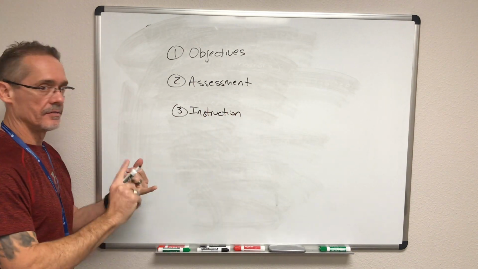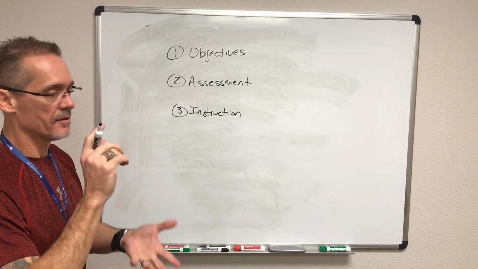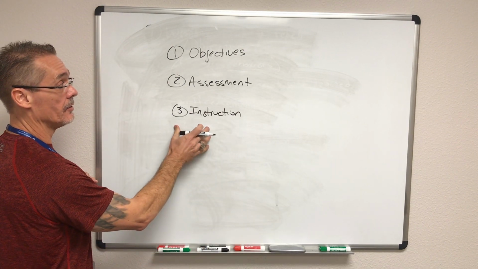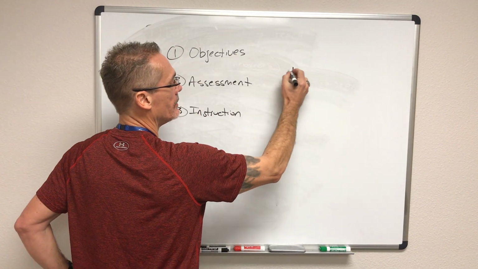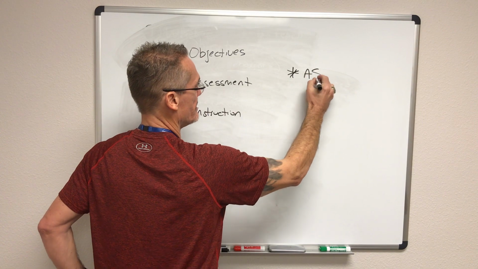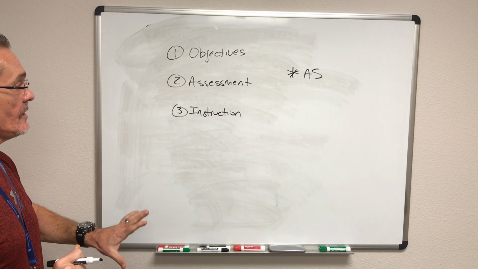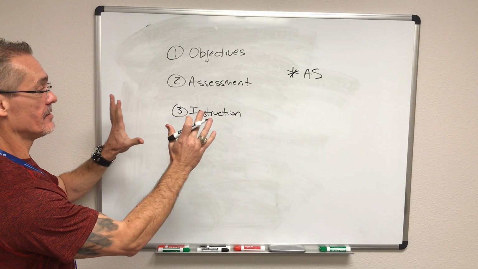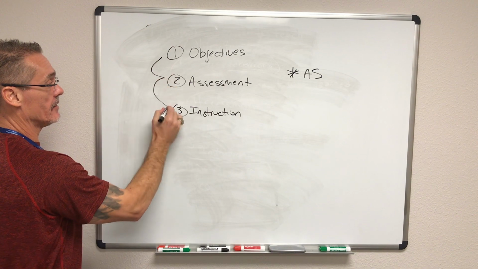Again, instruction includes input, modeling, guided practice, independent practice, check for understanding, all that stuff. I included it here in this order. And then over here, you've got the anticipatory set. Let's talk about anticipatory set. These are the four basic components, I think, of the lesson plan, so you've got alignment here.